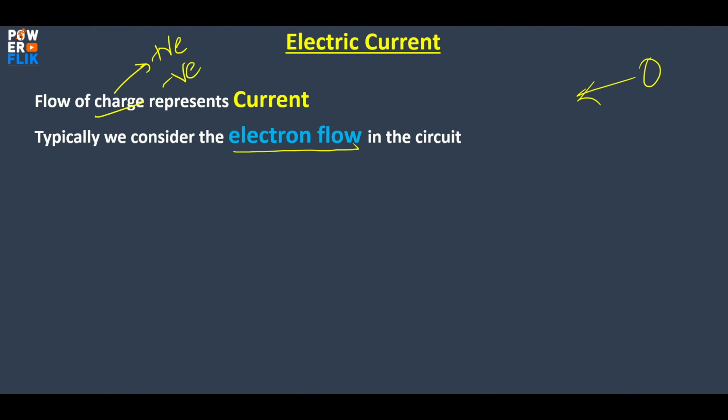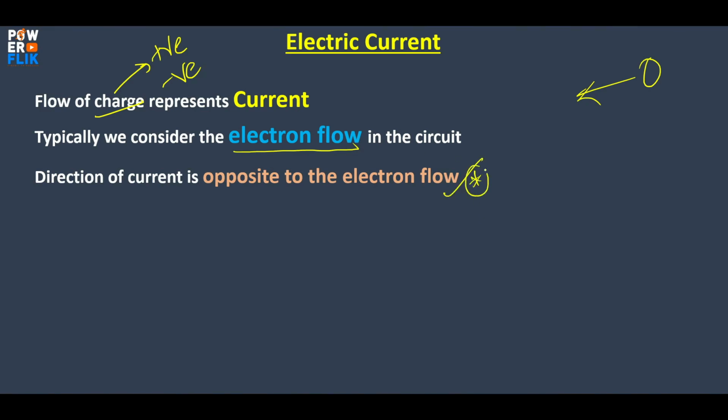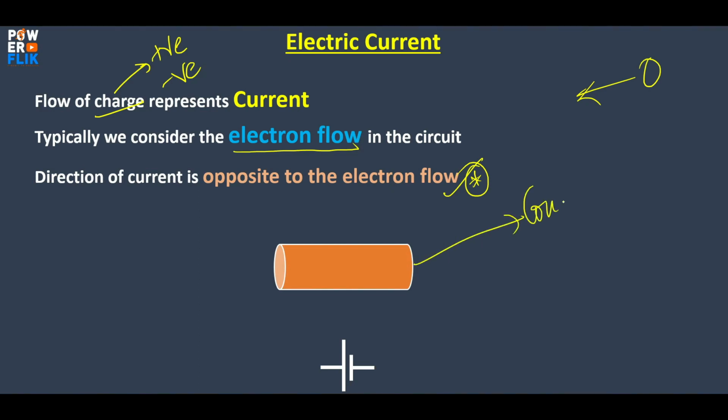How is the direction of the current determined? The direction of the current will be quite opposite to the electron flow. Okay, this is a new point, and an important point also. For better understanding, I'll give you one example. Consider this as a conductor.